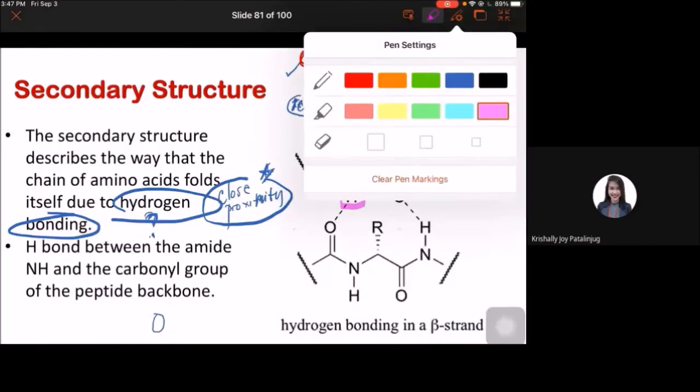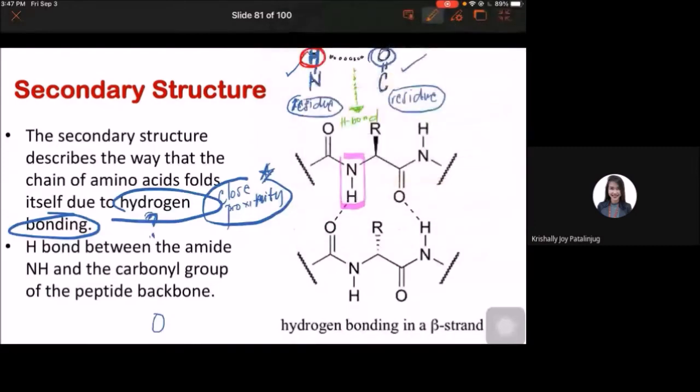The amide in totality is a carbonyl, then an N, usually NH, so that can already be an amide. In totality, the orange broken line is the amide. What we highlight is just the NH, part of the amide.